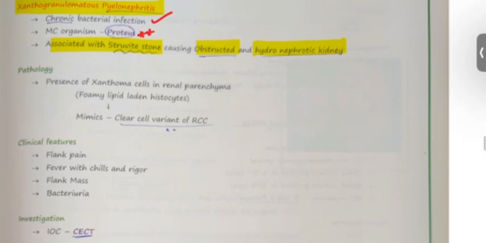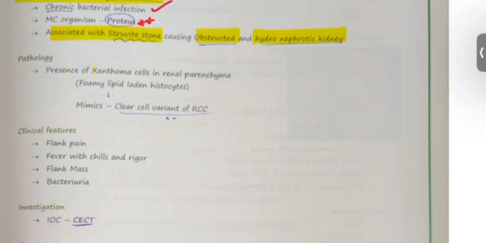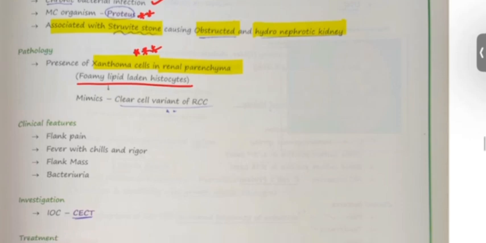Okay, what is the pathology here? There is presence of xanthoma cells in the renal parenchyma. Because of this reason, it is named xanthogranulomatous pyelonephritis. These are foamy lipid-laden histiocytes, and this mimics the clear cell variant of RCC. Basically, in this cell there is one nucleus and the rest will be lipid.